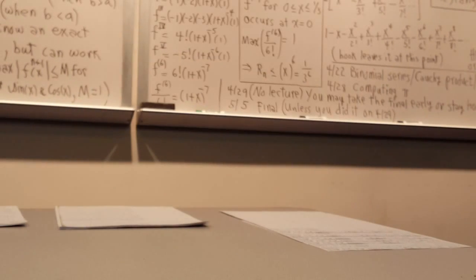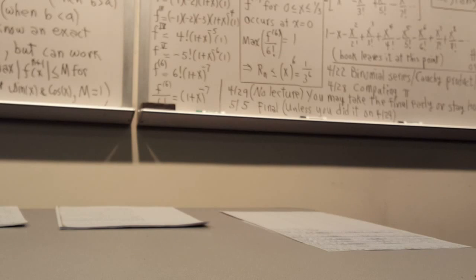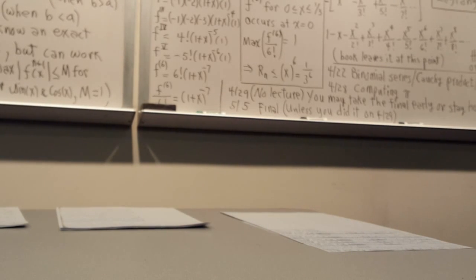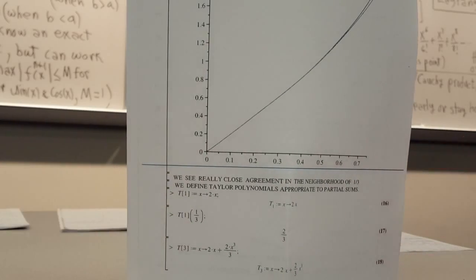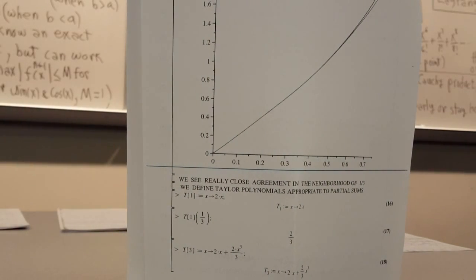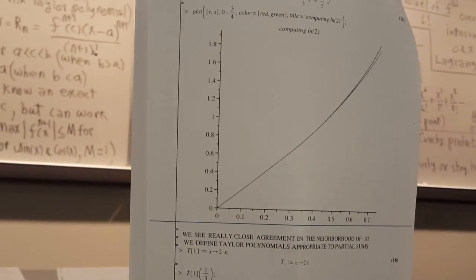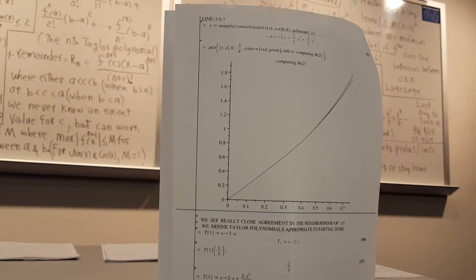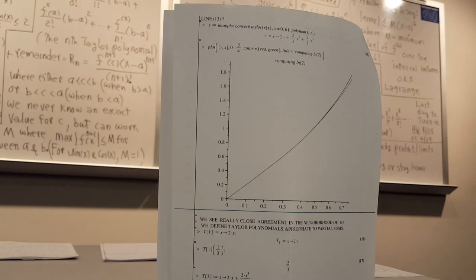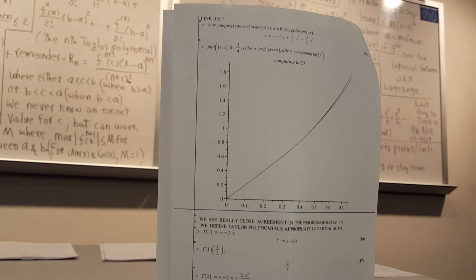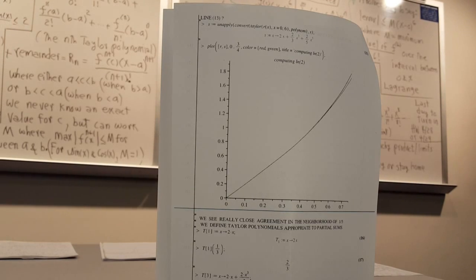So then if you turn the page, you can see, if you're thinking about something like using log of 1 plus x over 1 minus x at x equal a third to compute log 2, you can see the fit between the Taylor polynomial and the actual log of 1 plus x over 1 minus x.